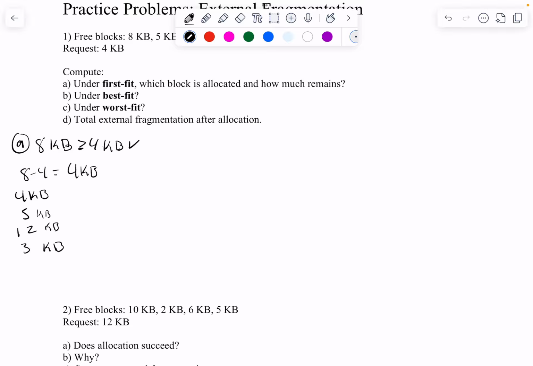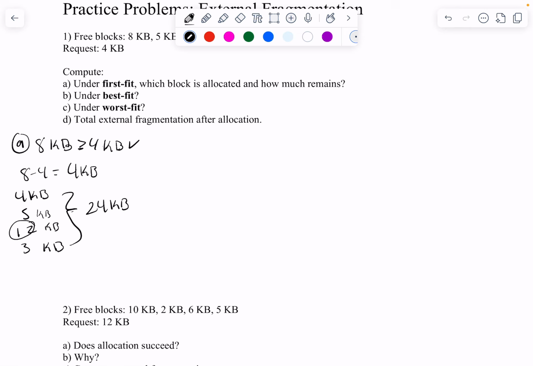Now we're going to compute the external fragmentation. What this means is we're going to just add up all of these. We're going to get the sum, and that's going to be 24 kilobytes of total free space. And of this, we need our largest free block.